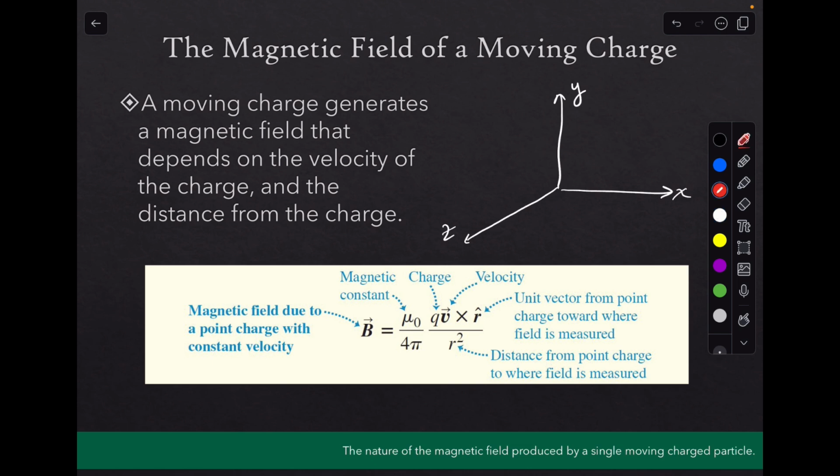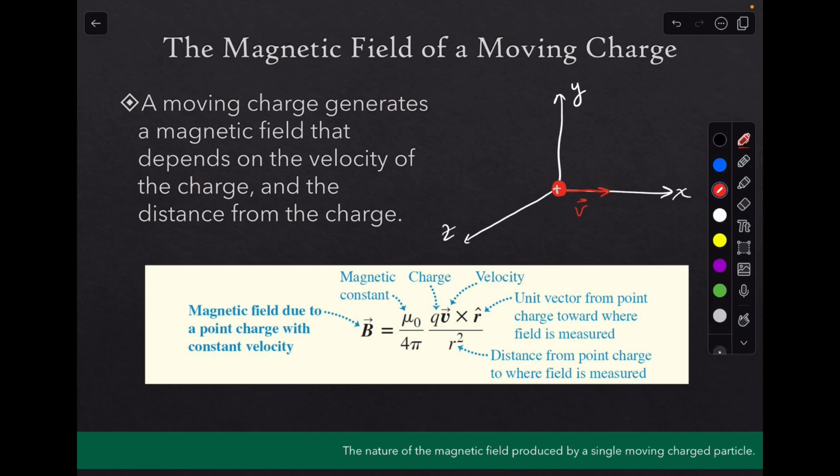Let's make it a positive particle. And it's moving, let's just say it's currently at the origin, moving to the right along the X direction, okay? It's a positive particle, and that's a v.